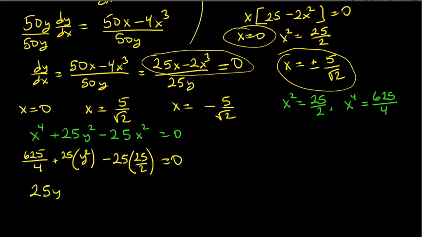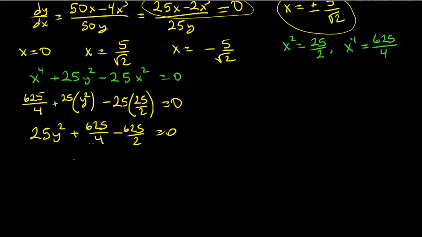So what do we get? 25y squared. Let's do plus 625 over 4 minus 625 over 2. And that's going to be negative 625 over 4. Right. So add that to both sides.